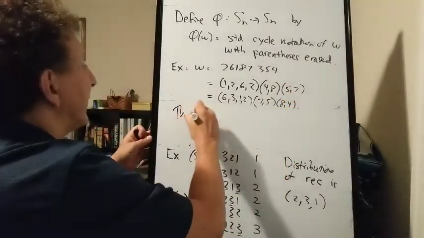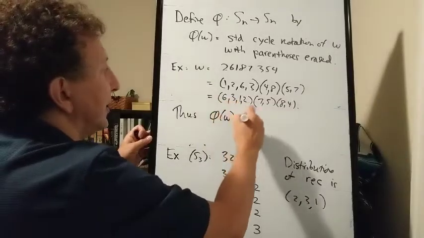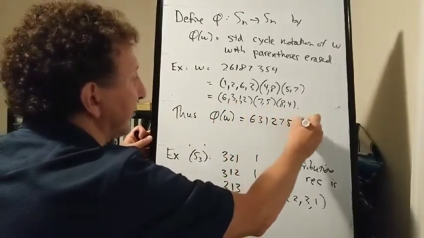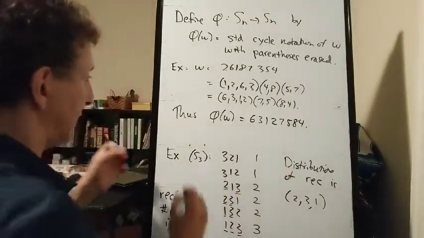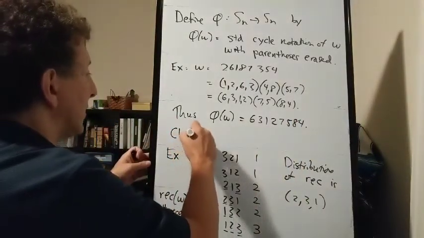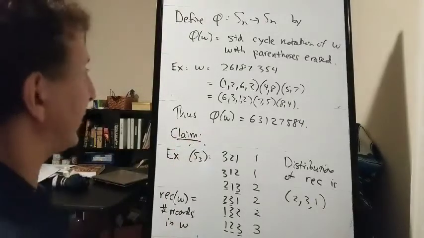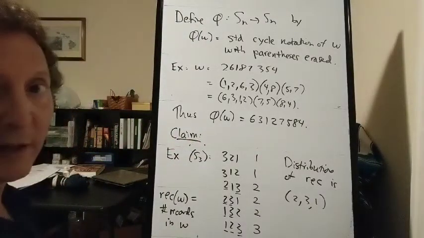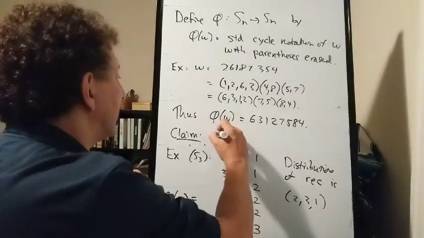So that means that phi of W equals 6, 3, 1, 2, 7, 5, 8, 4. Alright, so this is obviously a map from the symmetric group to the symmetric group, but I claim that it's a bijection.